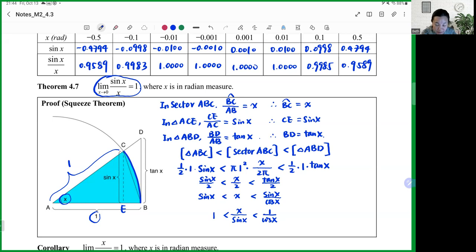So now I know that this is a constant 1.